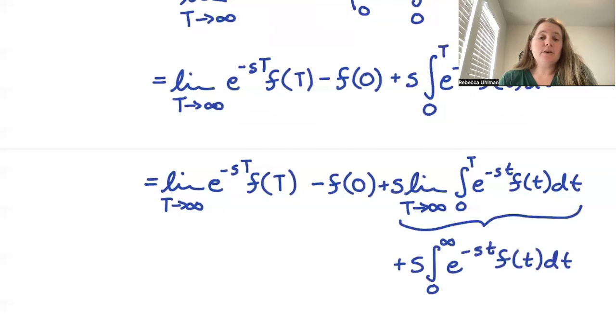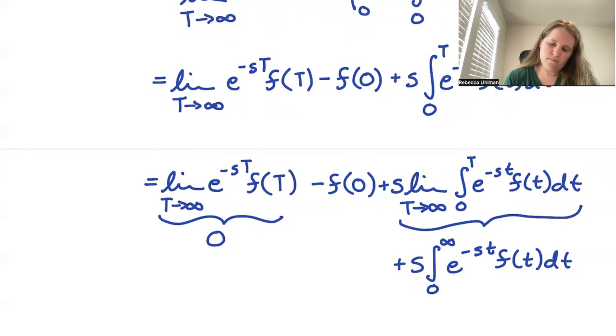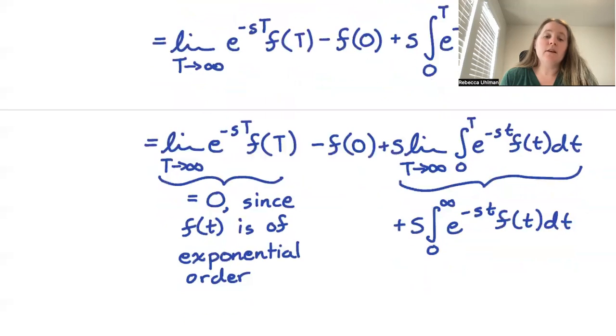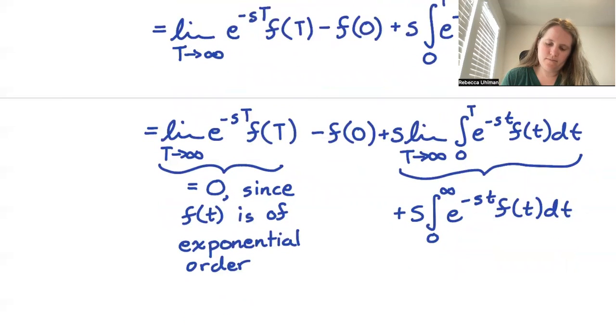The limit as t goes to infinity of e to the negative st times f of t goes to 0, since f of t is of exponential order, as long as s is greater than s naught.